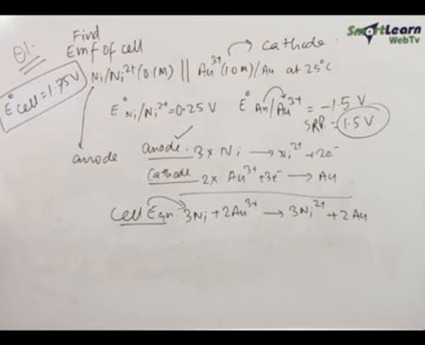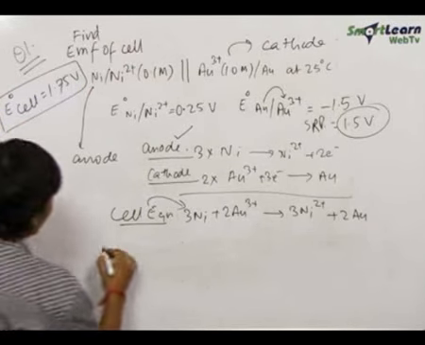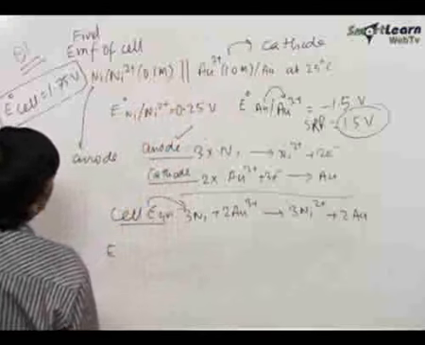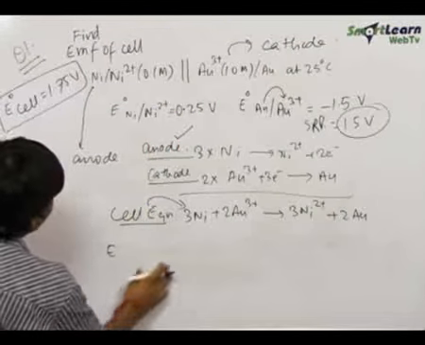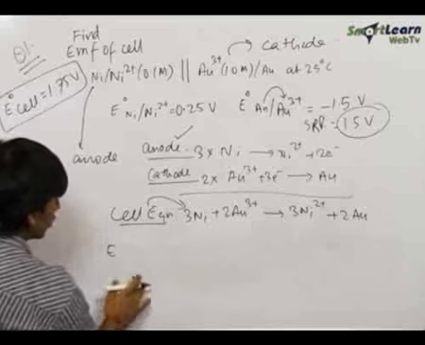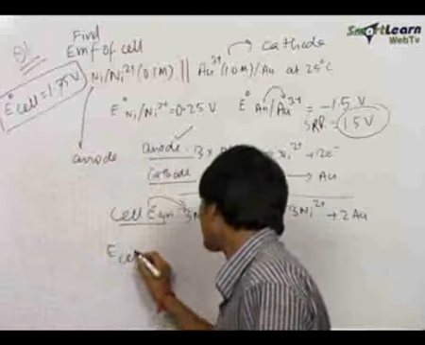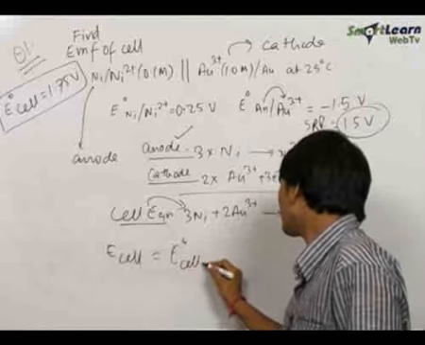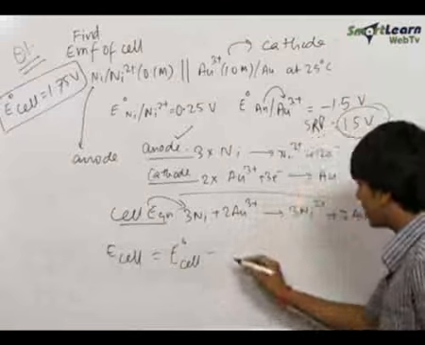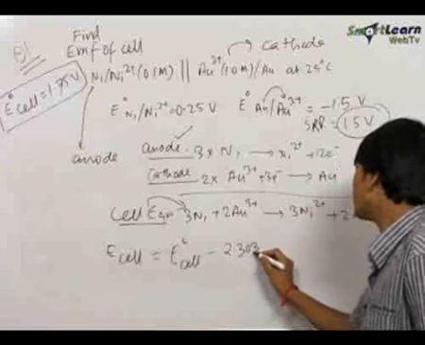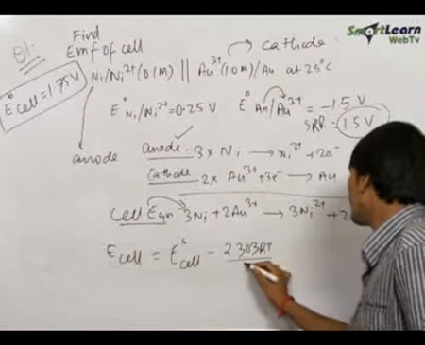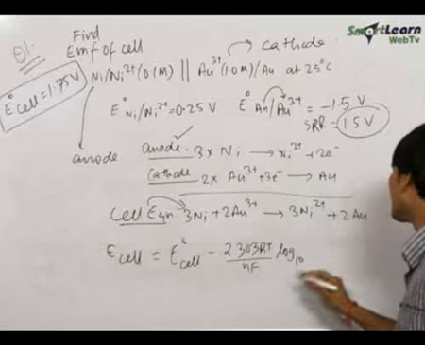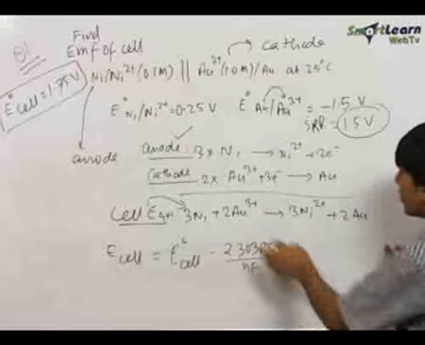Now we need to find out the EMF of the cell at this particular temperature with the given concentrations of gold 3+ ion and nickel 2+ ion, and we have the cell equation. So with all this information you can write the Nernst equation. E cell is equal to E naught cell minus, the formula is 2.303 RT upon NF into log of base 10 the concentration of products upon reactants.